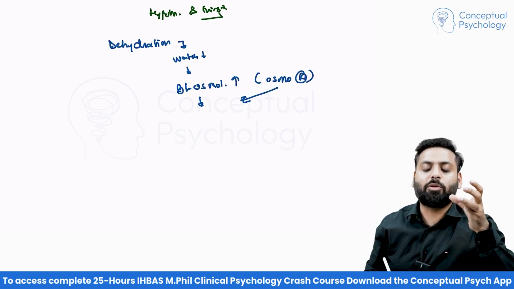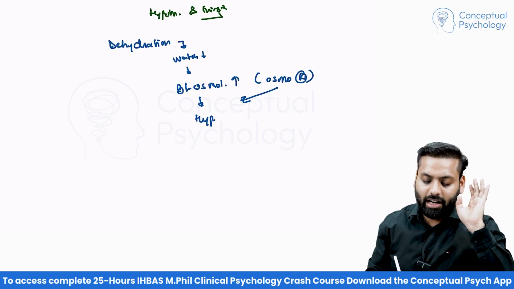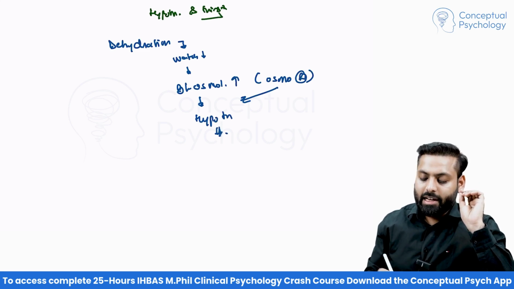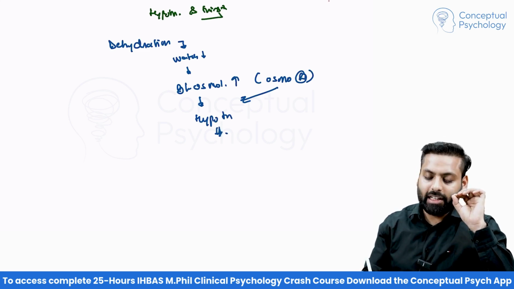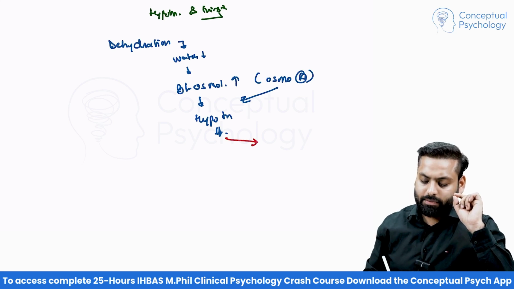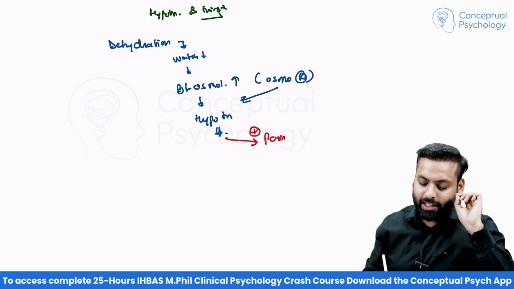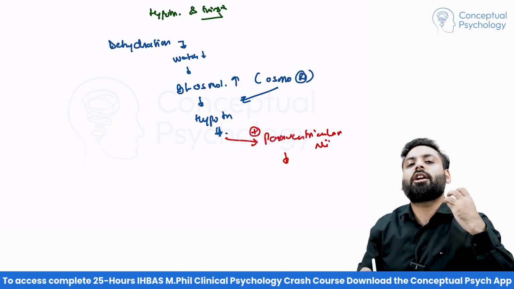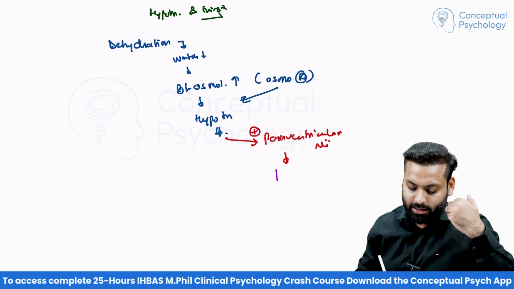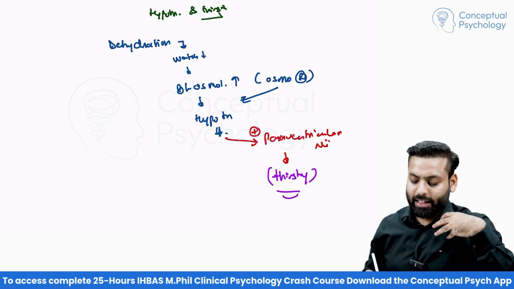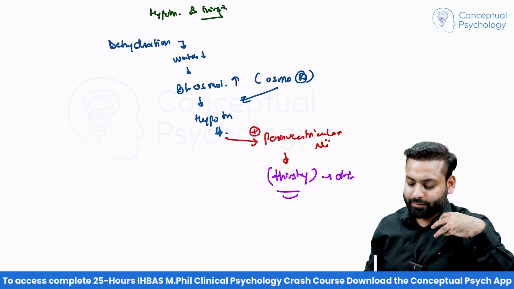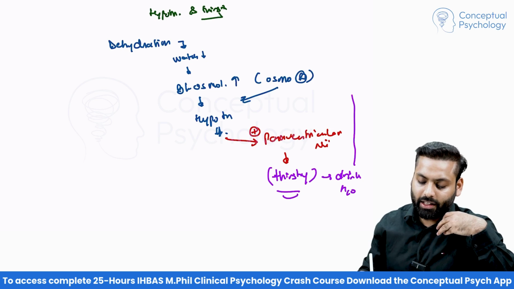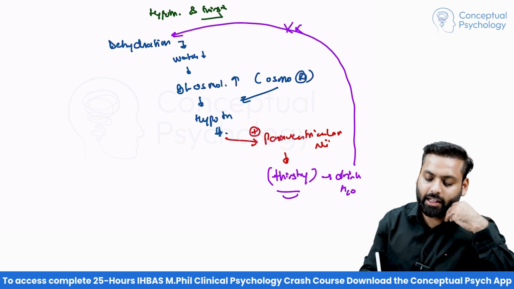Osmoreceptors tell the hypothalamus that there is something which is not right with the body. Now the hypothalamus stimulates its paraventricular nuclei, and due to this stimulation, we feel thirsty. When we feel thirsty, we will drink water, and when we drink water, dehydration is covered.